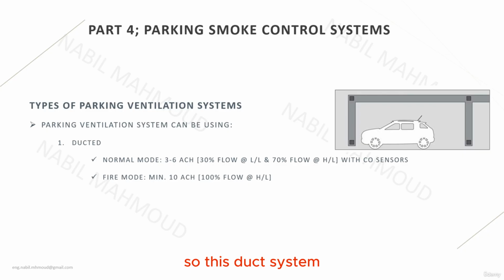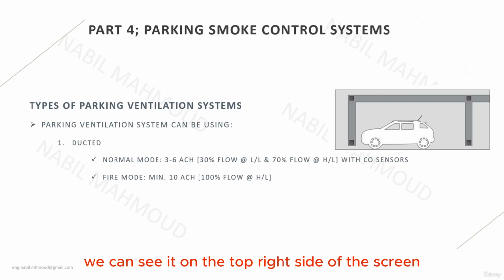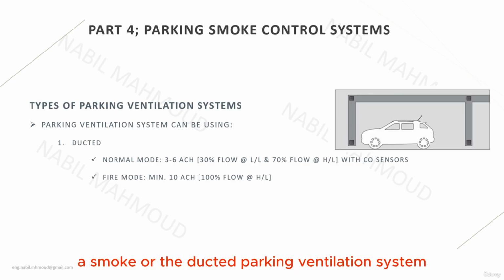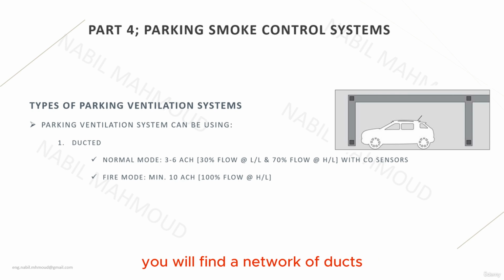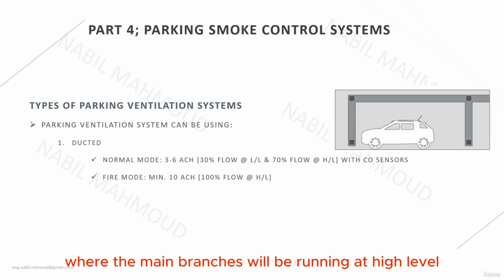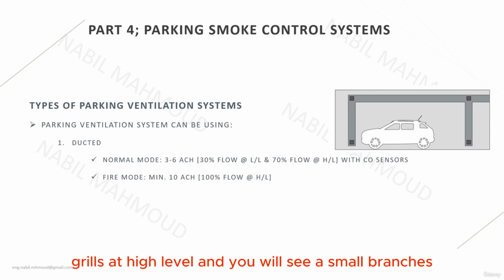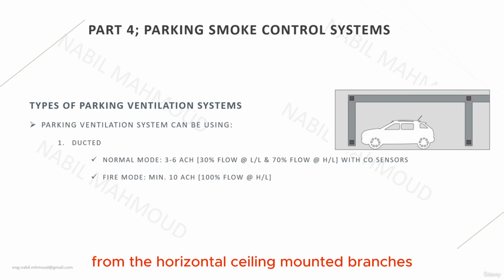So this ducted system, we can see it on the top right side of the screen. This is a simplified illustration of the ducted parking ventilation system. You will find a network of ducts where the main branches will be running at high level and there will be smoke extraction grills at high level, and you will see small branches that are vertically dropping from the horizontal ceiling mounted branches.